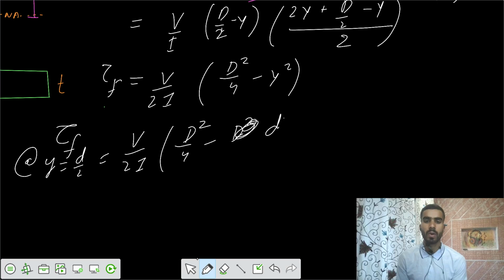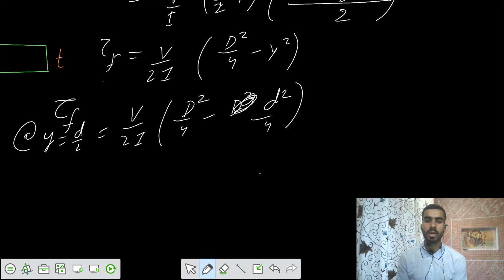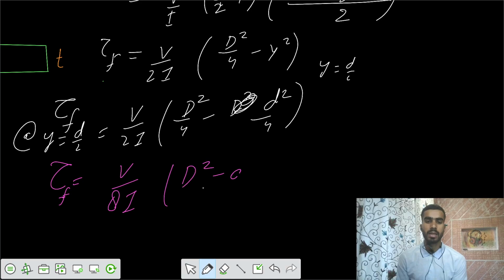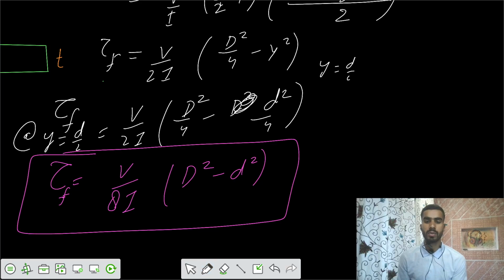That is small d squared by 4, because your y value is small d by 2. So you got the shear stress value at the junction: V by 8I times capital D squared minus small d squared. So we have this equation.